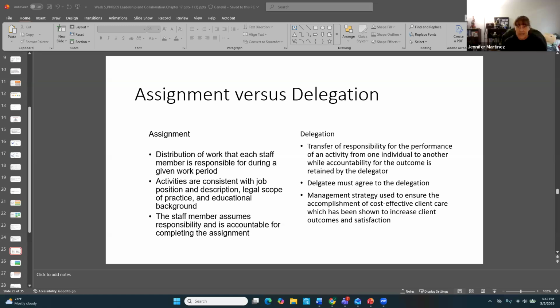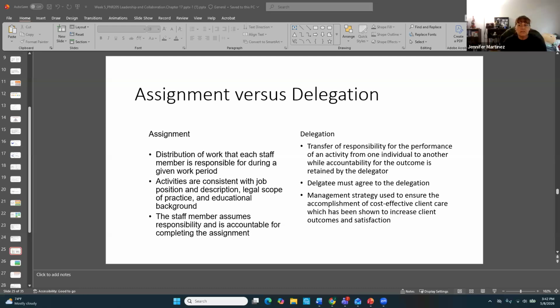And when you are assigning, that means the staff member assumes responsibility and is accountable for completing the assignment. So if you're doing your CNA assignments and they have the group of patients, then they are responsible for providing care for those patients. Ultimately, it is their job to make sure that everything gets done.